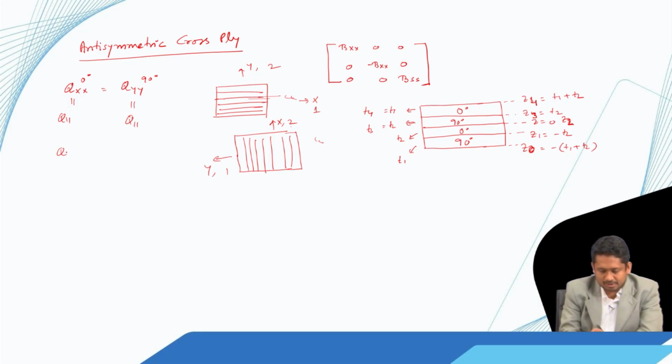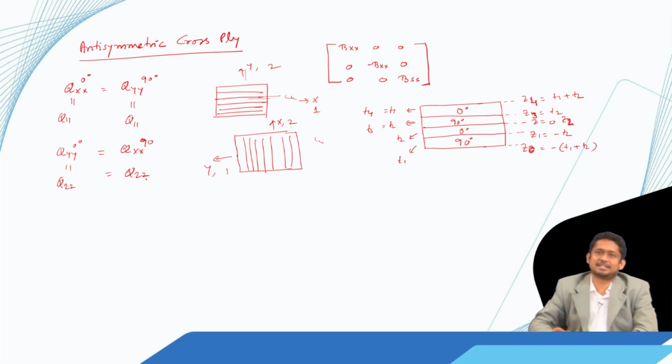Similarly, Qyy for a 0 degree ply, that means Q along this direction, that is the 2 direction, is equal to Q22, and similarly that is Qxx for a 90 degree ply, which is again Q22.